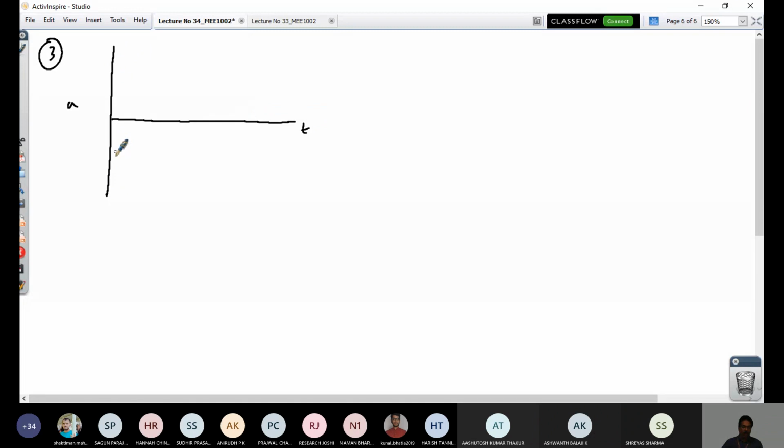The AT curve is given, and at t equals 0, you are given its initial velocity v naught is 4 meters per second, and its initial position x naught is 20 meters.